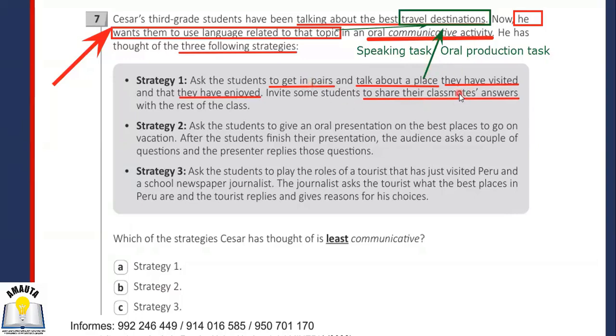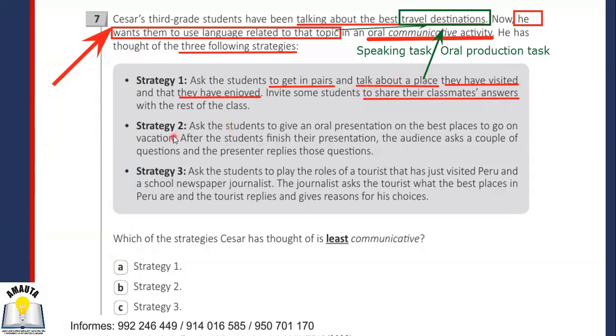They should talk about a place, a travel destination they had visited and enjoyed. And they are also using language because they will report in the front the classmates' answers. Of course, with some help, giving first some prompts in order to guide our students.